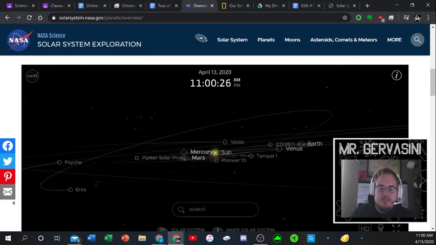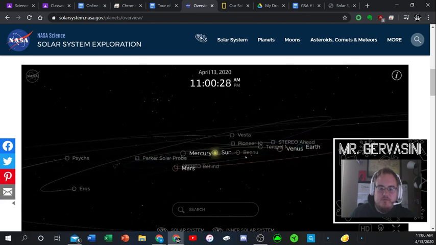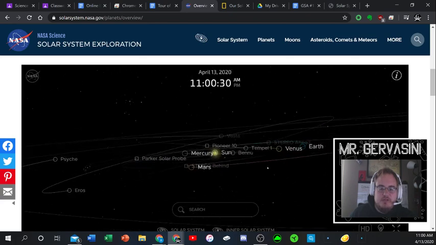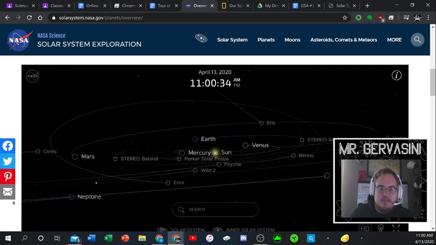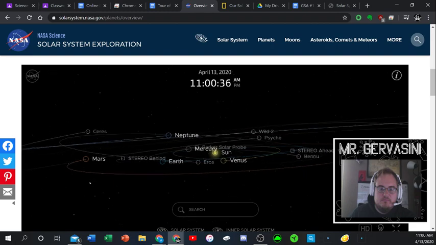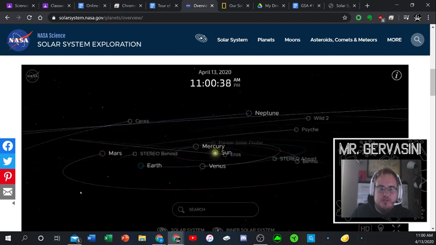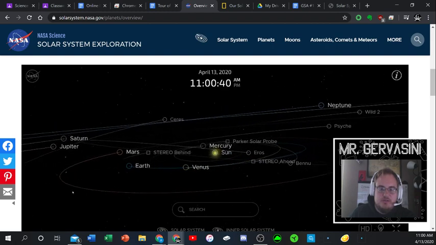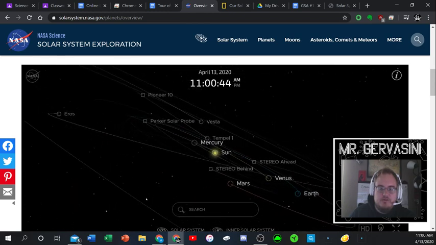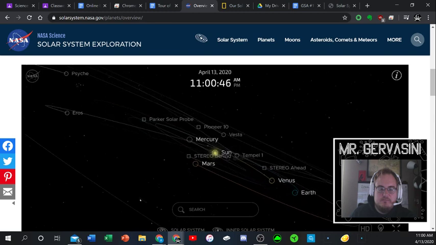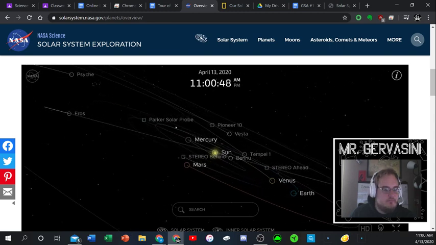Notice how the planets stay on that relatively even tilt, and some of these other objects are kind of lopsided. Ceres goes a little bit above the sun. Right now, Eros is going a little under the sun. So these are all asteroids.